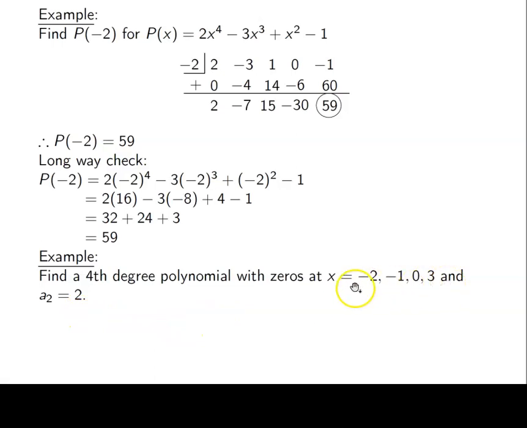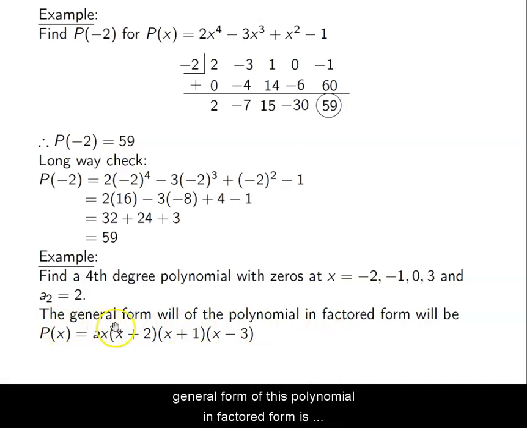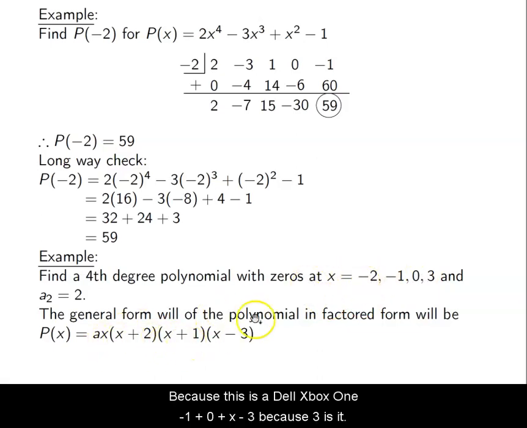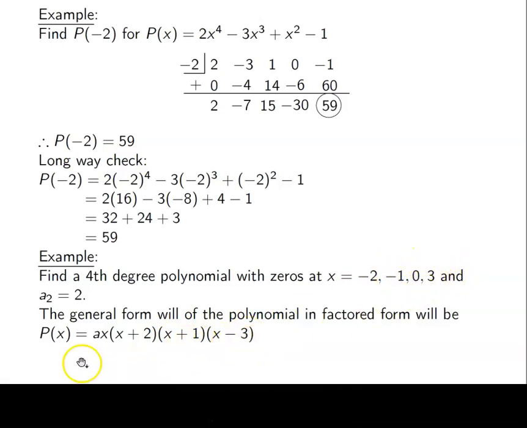First things first, I'm going to write this in its factor form. The general form is p of x equals a, because I don't know what the lead coefficient is, times x, because that's one of my zeros, x plus 2, because -2 is a 0, x plus 1, because -1 is a 0, and x minus 3, because 3 is a 0.